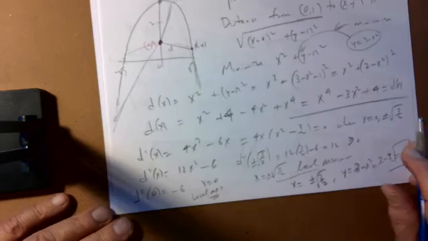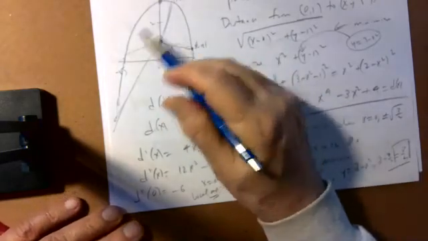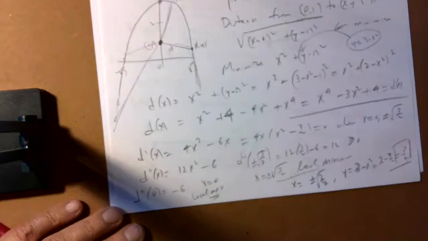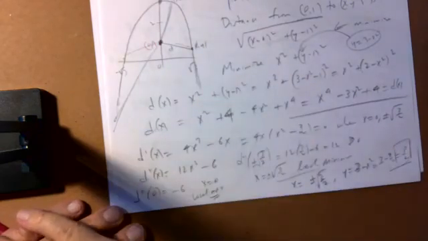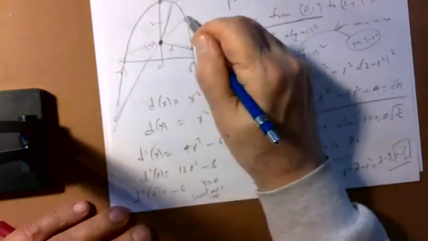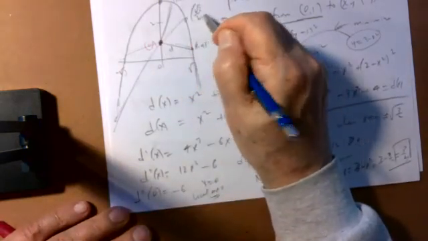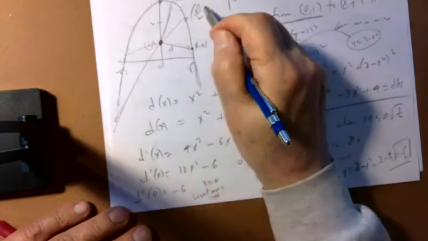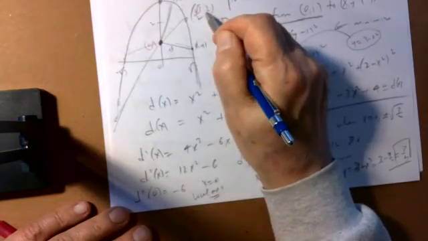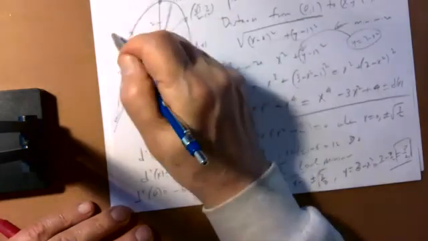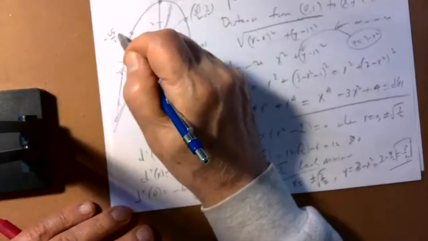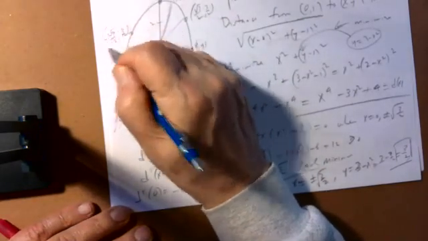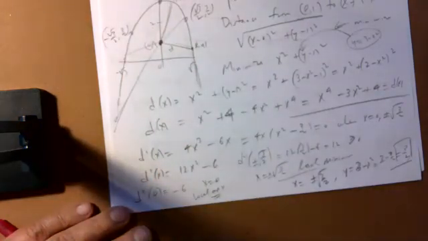So the 2 points on the parabola closest to (0, 1) are at x equals square root of 3/2, y equals 3/2, or x equals minus square root of 3/2, y equals 3/2. So that's the answer.